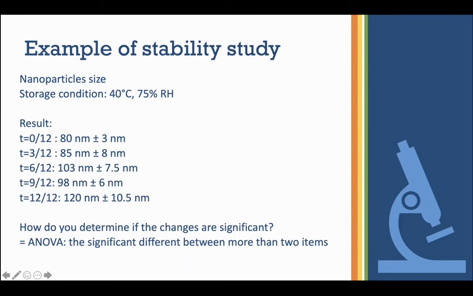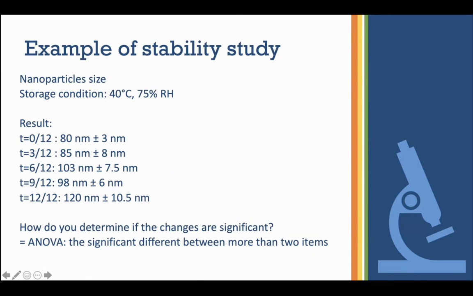This is where you can conduct statistical analysis by using ANOVA, the analysis of variance, by which you can evaluate the significance of the changes between 3 or more data sets.